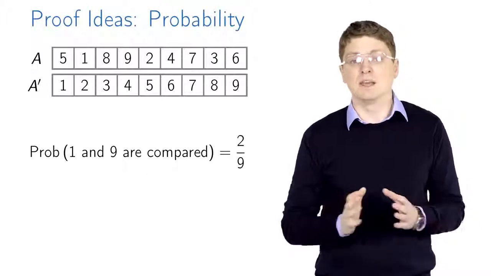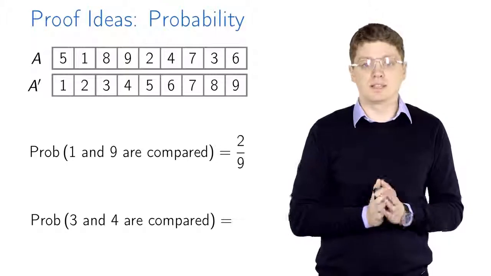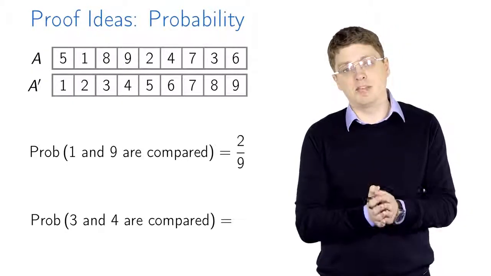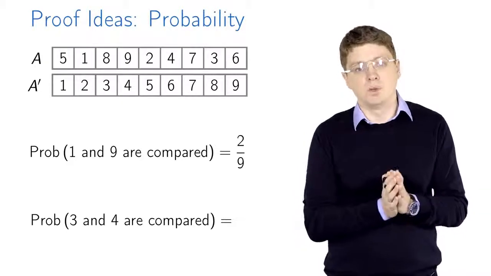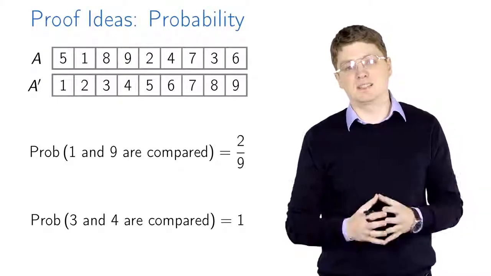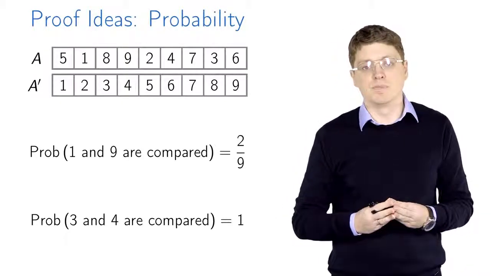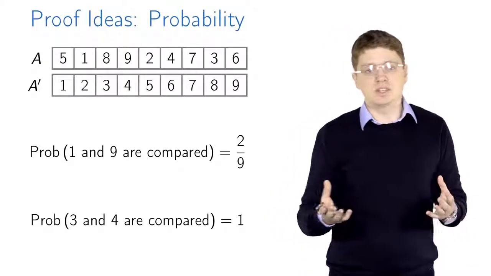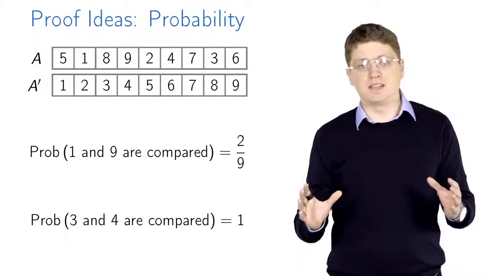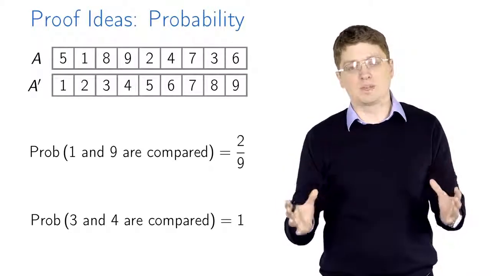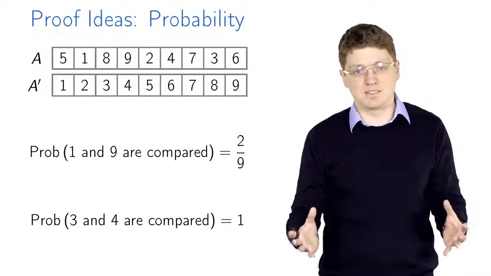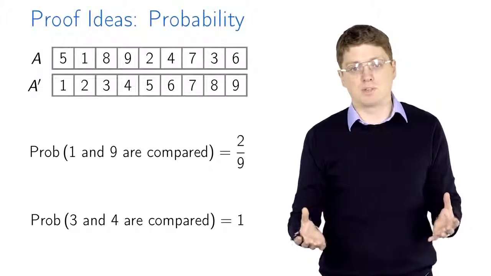Okay, makes sense? Now let's try to estimate the probability that the elements 3 and 4 are compared. Well, I claim that in this case, this probability is equal to 1. And the explanation is the following. There is no element inside our array that can help the randomized quicksort algorithm to understand that 3 is smaller than 4 without comparing them.